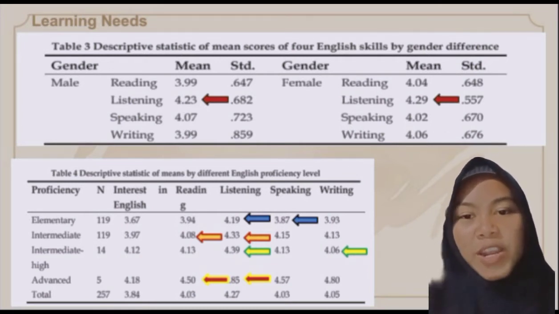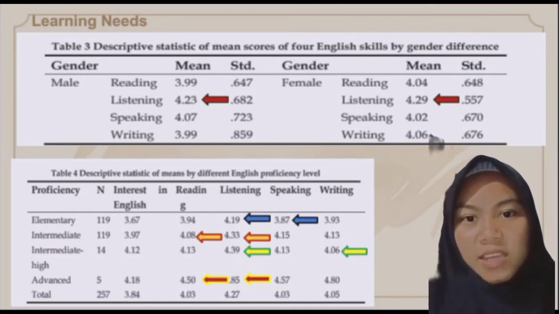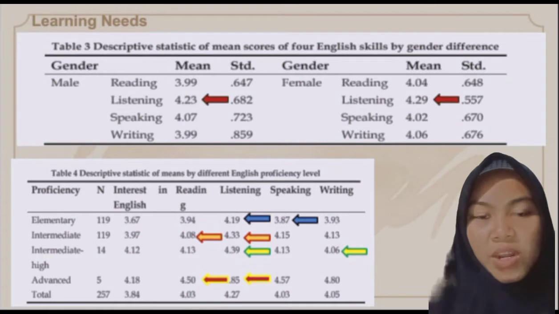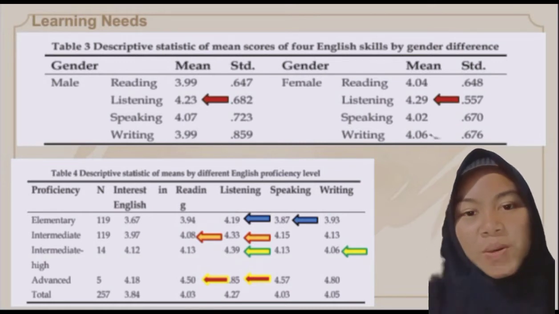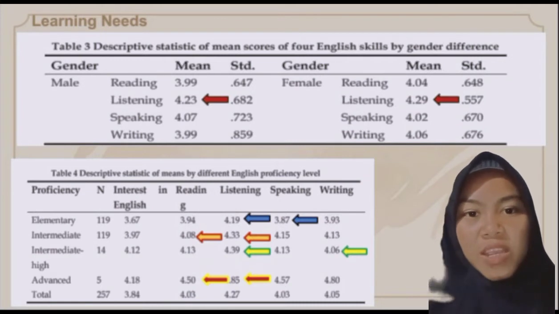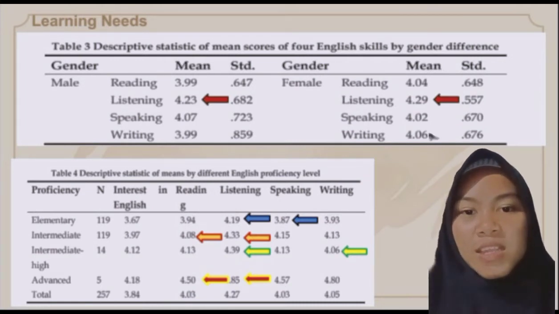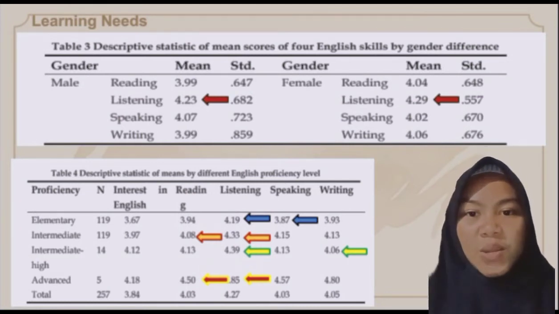And then for elementary level, the higher mean, or the higher score, is in listening, with the score 4.19, and lower in speaking, with the score 3.87.